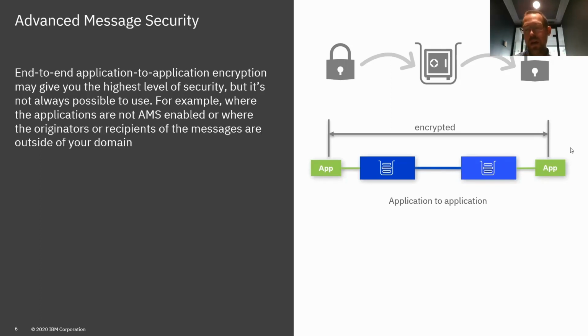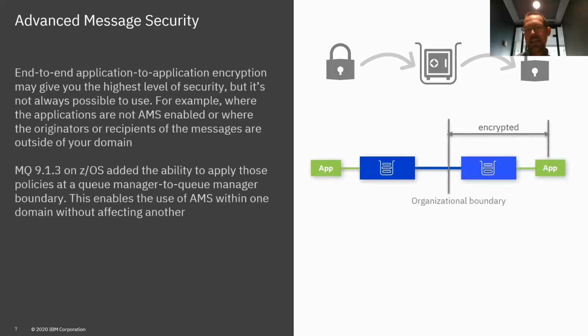What a number of customers have been looking at recently is environments where some part of the environment has a requirement for AMS and the need to do total encryption, and other parts don't have that requirement or perhaps don't have that capability. This is very common if you're dealing with business partners.